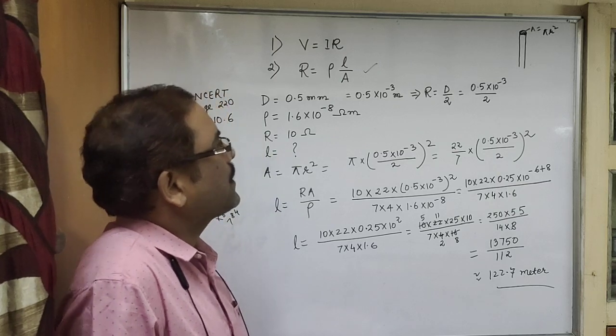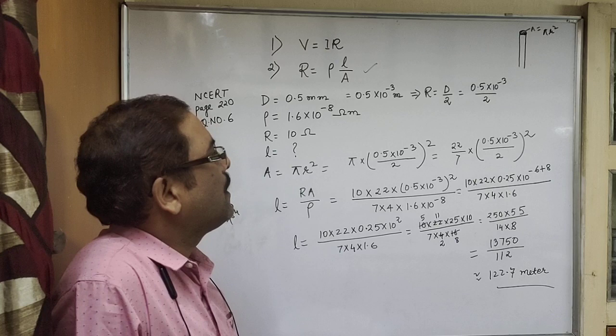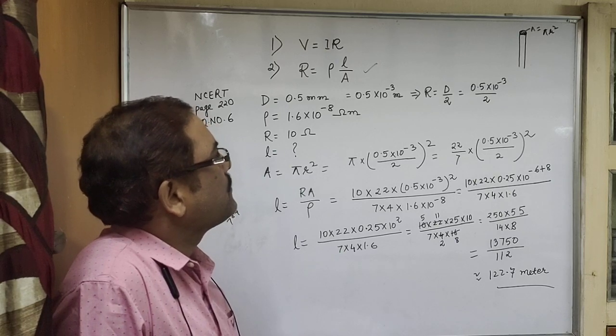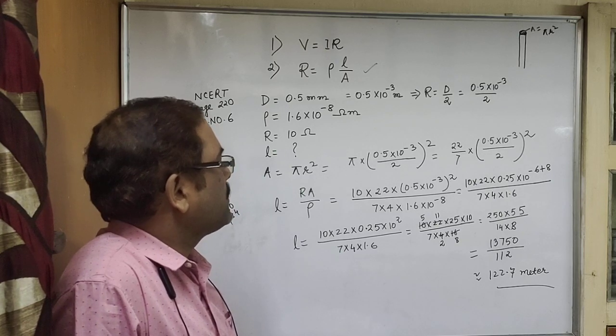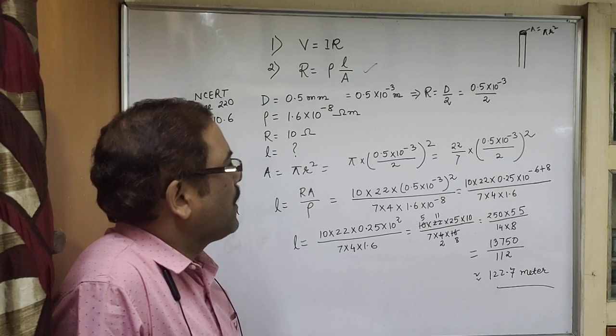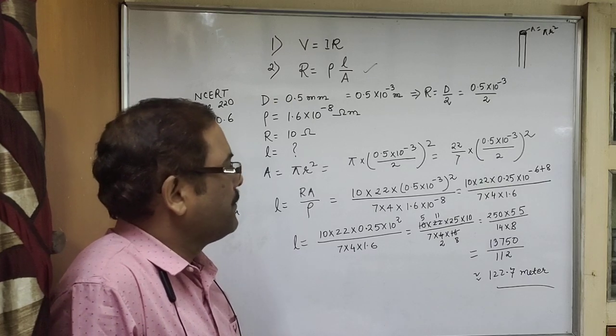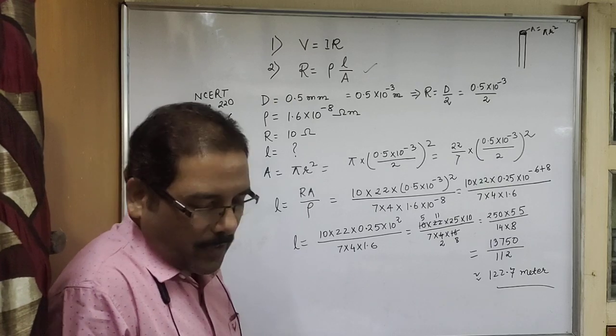Yes, calculations are lengthy, and be careful when you are changing the numbers into their SI unit and then substitute the value, and if you practice, then perfection will come. It is not so difficult.